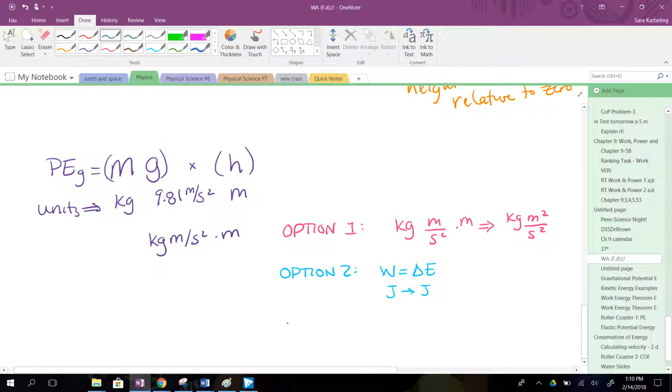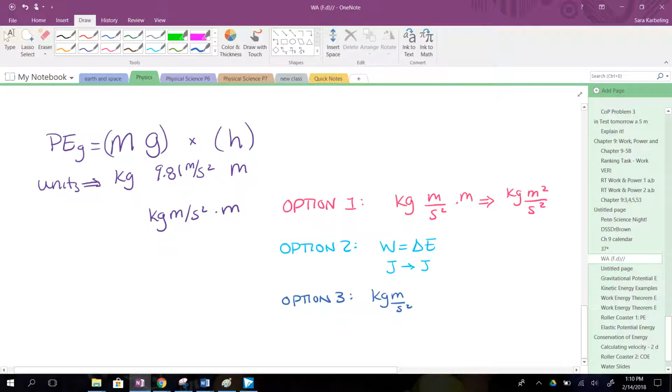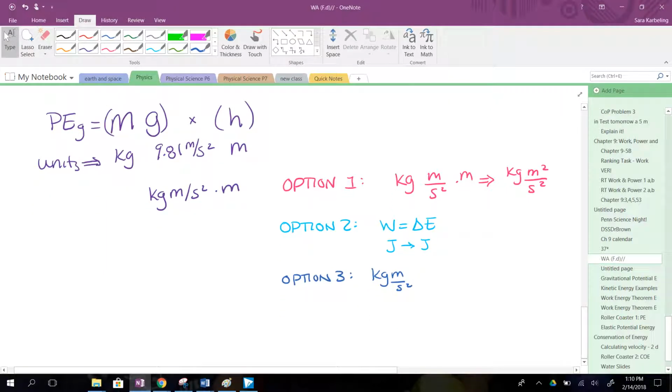Option 3. Force times the distance is also work. What is a kilogram times meter per second squared? What have we taken, a mass times an acceleration? What is a mass times an acceleration?